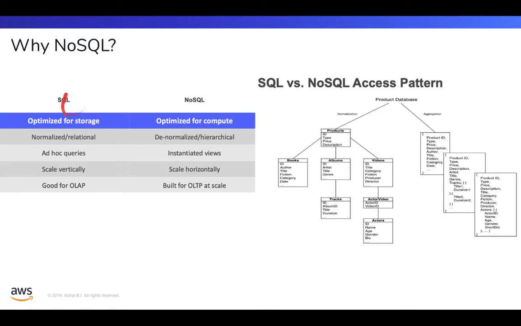We choose SQL or RDBMS when the data is bounded. For example, in employee management there will be a certain set of employees, so the data is bounded. But there are certain data which are unbounded.